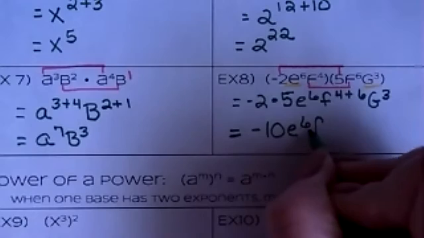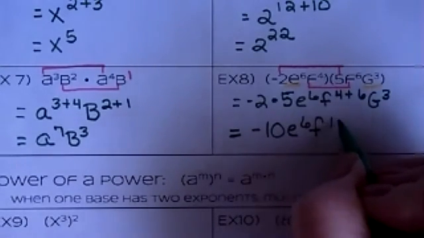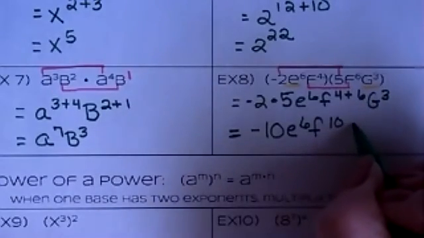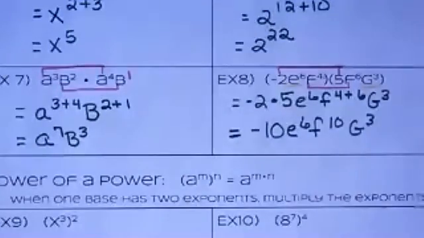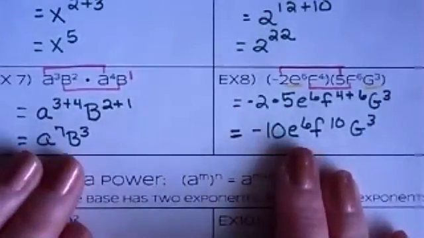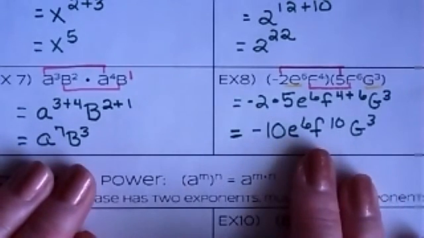Now when I add my exponents on my F, that's F to the 10th. And then I've got G right here to the 3rd, okay? Now, something I have not said, if you have more than one variable, like in the last 2 examples right here, your variables are always alphabetical, okay?